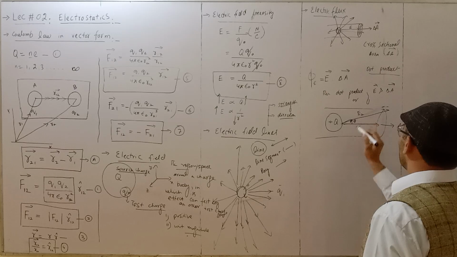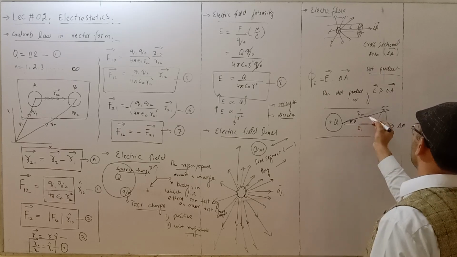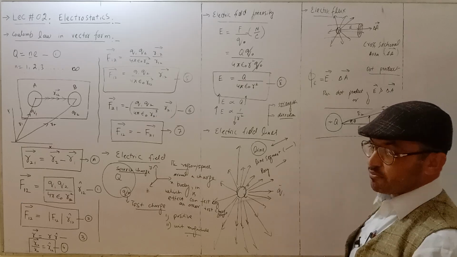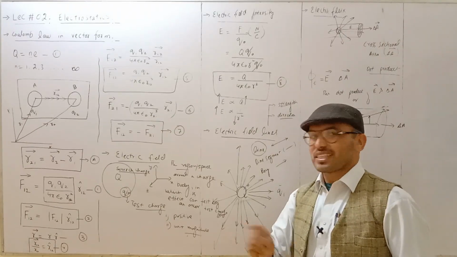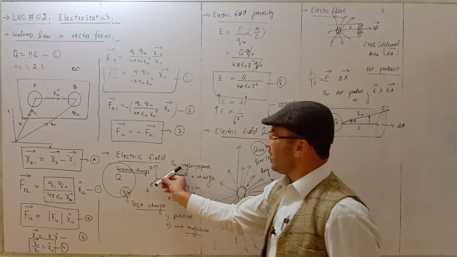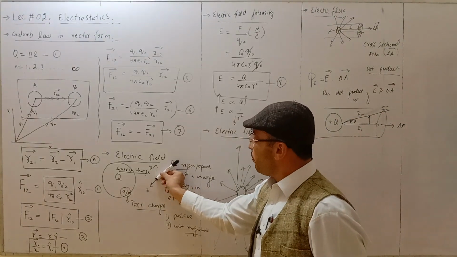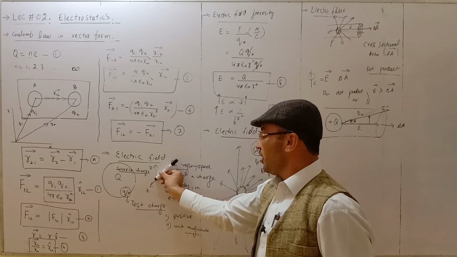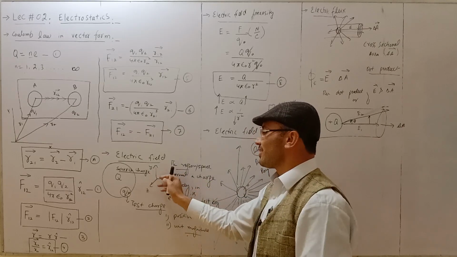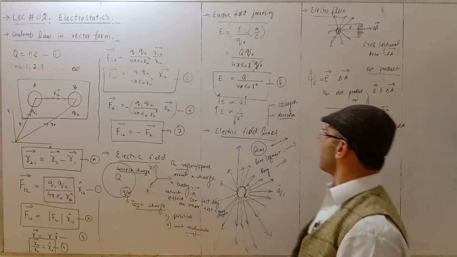So I will resolve this E2 into its components, because physics has no concept of a vector lying between two axes. If any vector is lying between any two axes, then I will resolve it into its components.